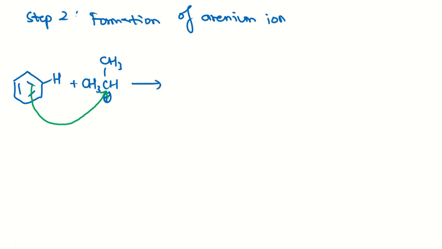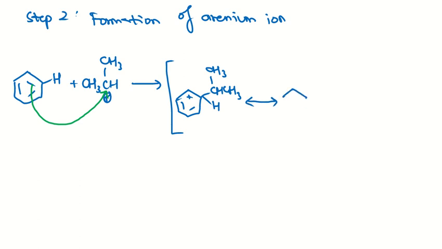Okay, you have to show all three resonance structures for the arenium ion. So this is structure number 1, and then structure number 2.